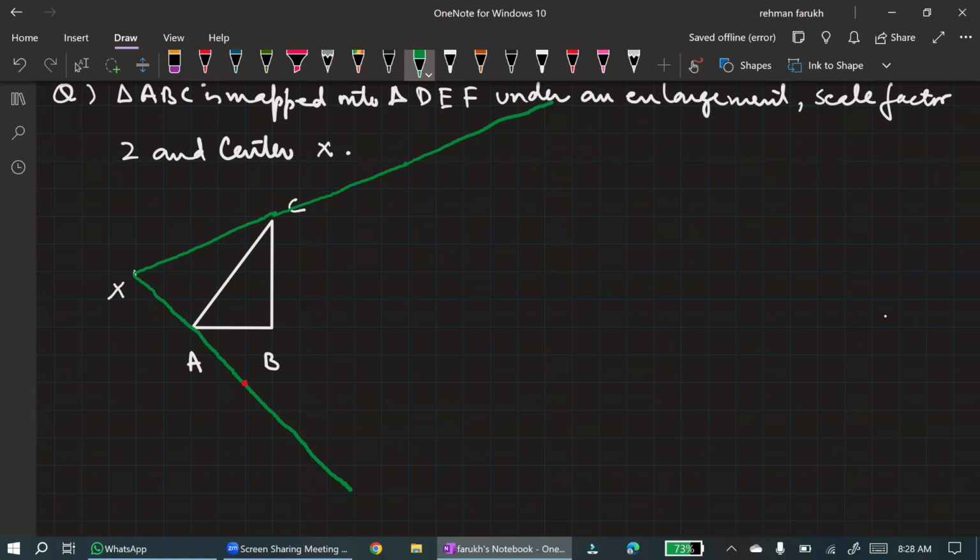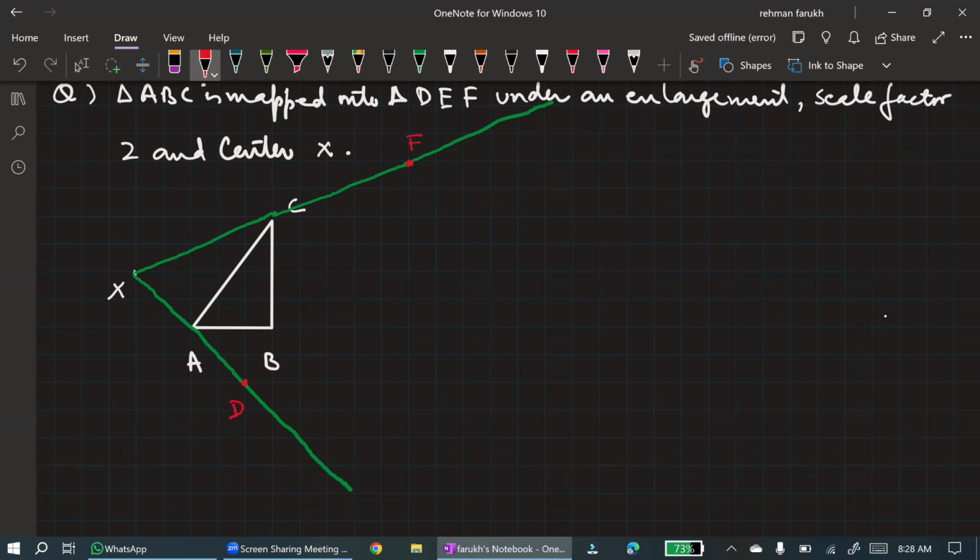Now mark the point at a distance of 10 units from X. This one is the new point. Now this point is F point. This point is D point.